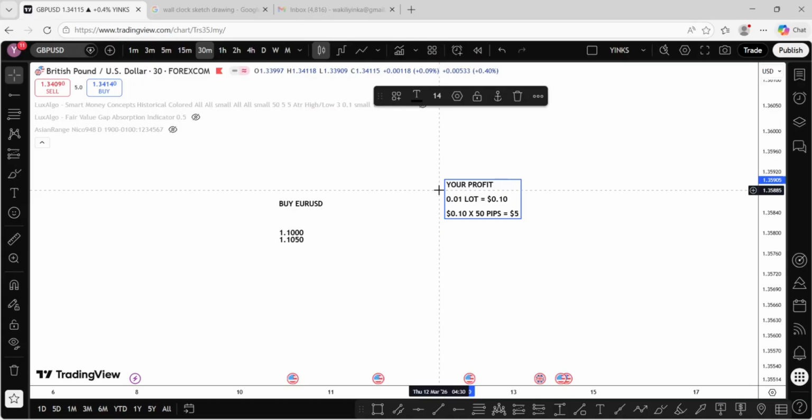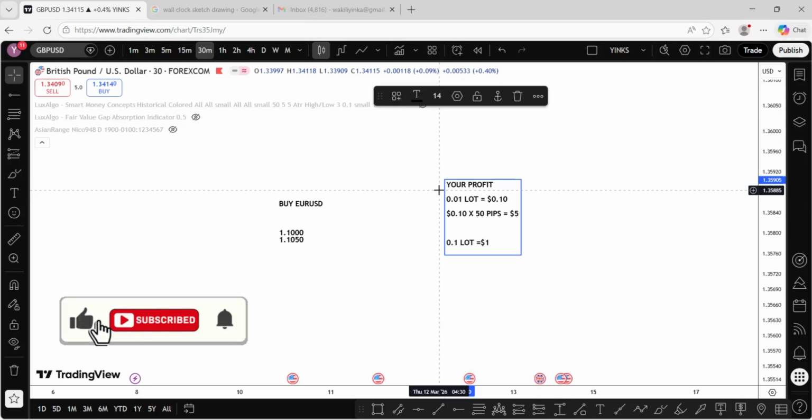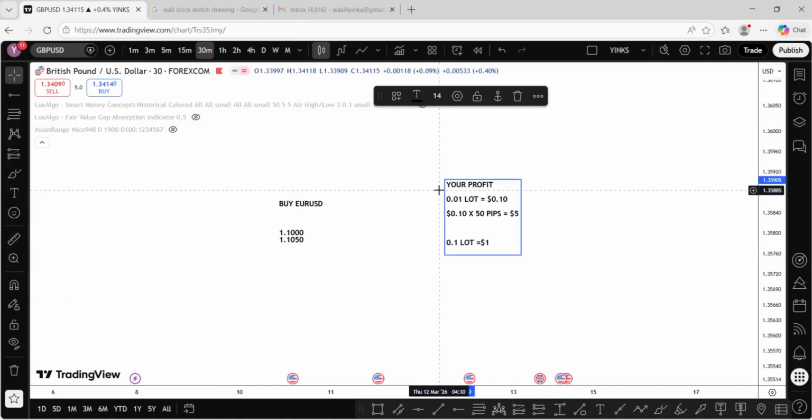Very small, right? Now let's go to the next type of lot size, mini lot size, 0.1. How much is this 0.1? $1, right? $1. Now, how much are you going to make in total with this same 50 pips reward, 50 pips in your favor?